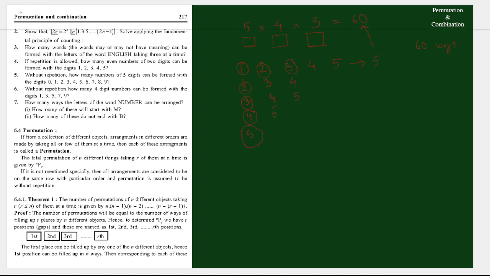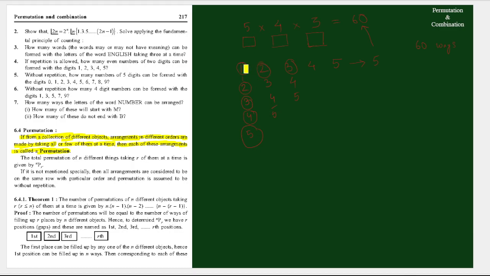Permutation means the total arrangement, how it can be arranged. If from a collection of different objects, arrangements in different orders are made by taking all or a few of them at a time, then each of these arrangements is called a permutation.